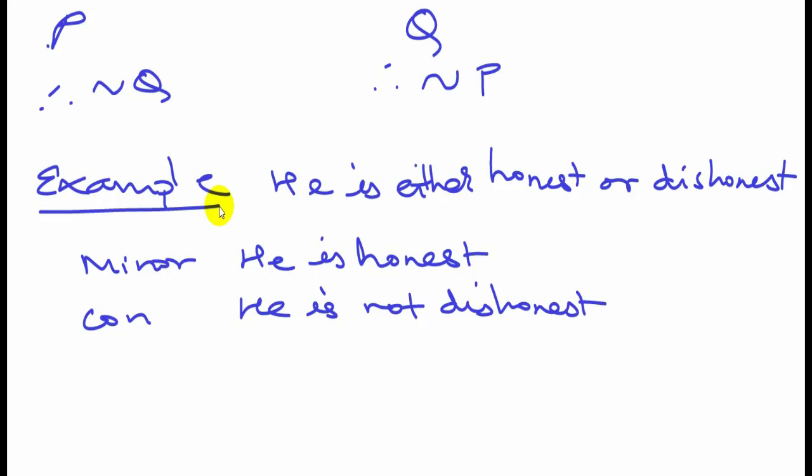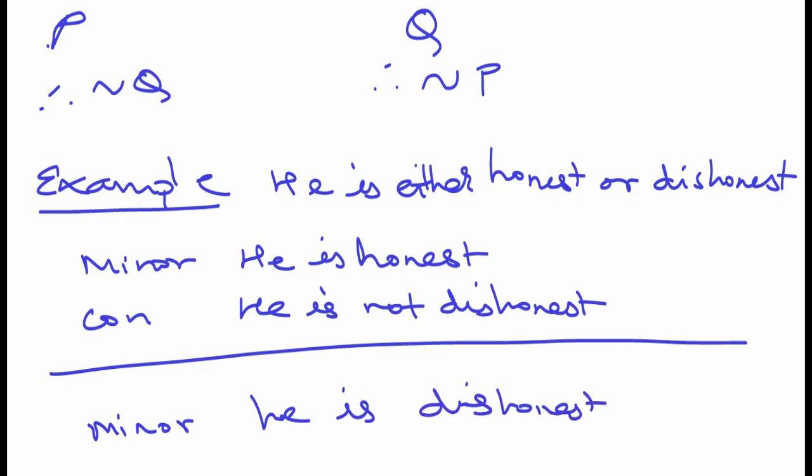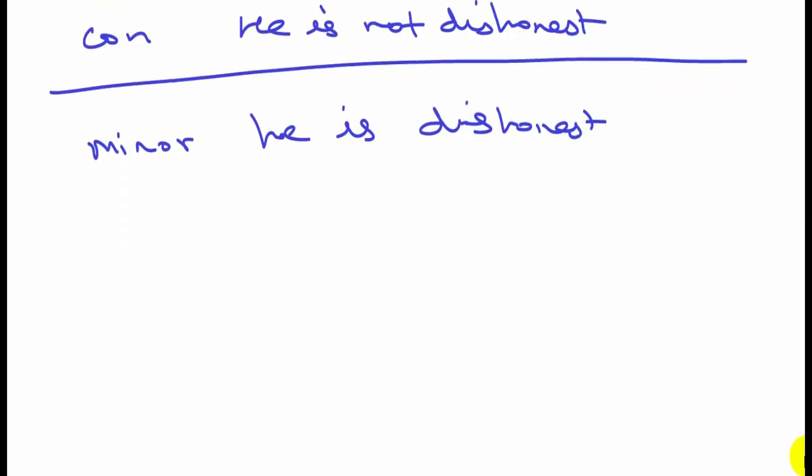And if we say, same situation, the minor states he is dishonest, then the conclusion definitely has to state that he is not honest.